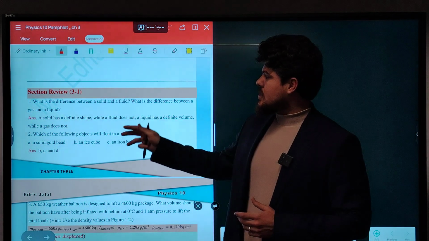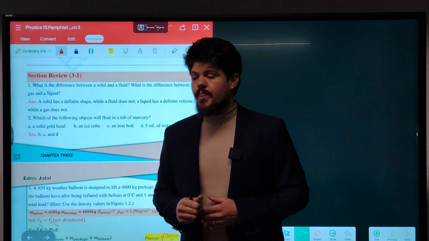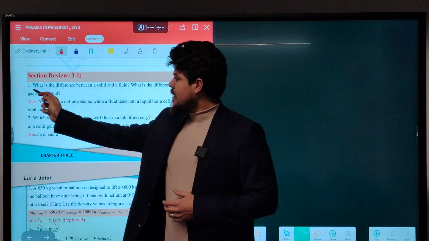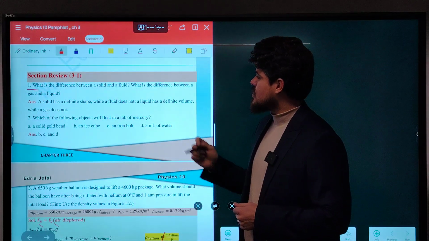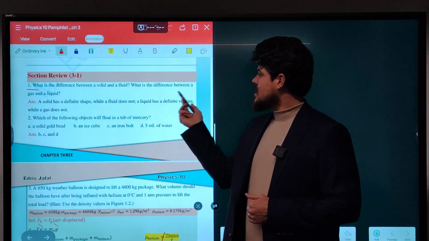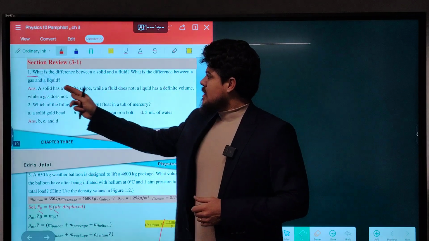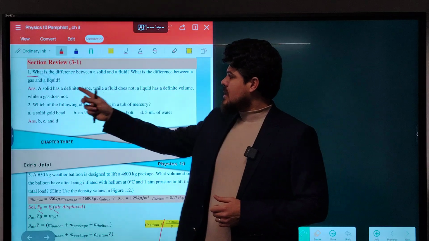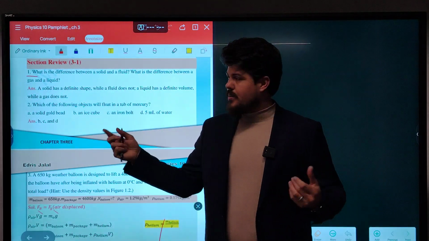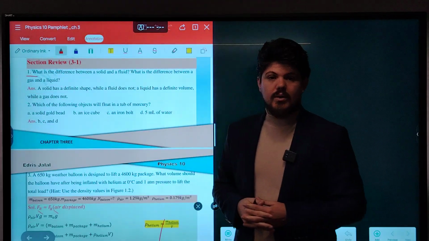We stop here at the questions of the section review. Question 1: what is the difference between solid and fluid, and what is the difference between gas and liquid? A solid has a definite shape while a fluid does not.